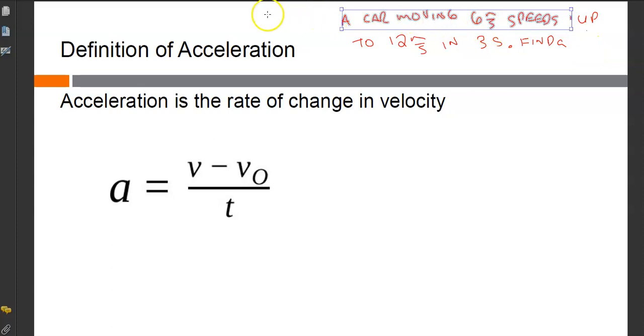What you want to do is to look at this problem that they've given you and find the numbers that are involved in it. I'm going to just make a little circle here.